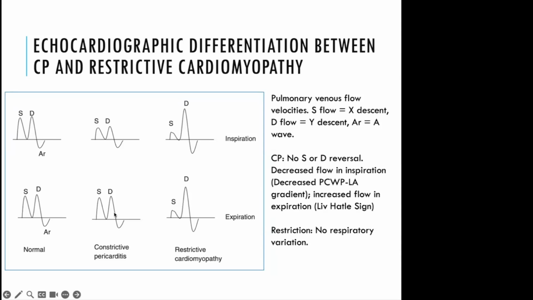And this is due to increased pressure gradient between the wedge, or the left, between the pulmonary vein and the left atrium. And then with respiration, we can see that again, there isn't any respiratory variation, and our predominant flow occurs during diastole.